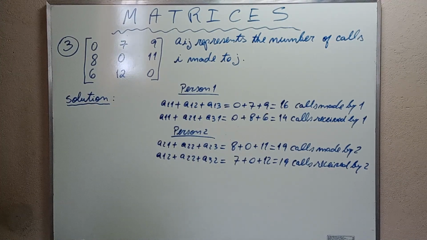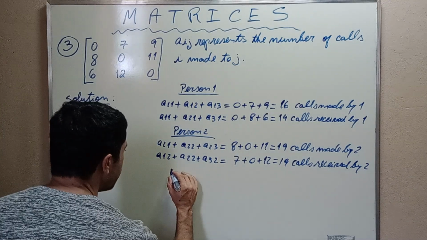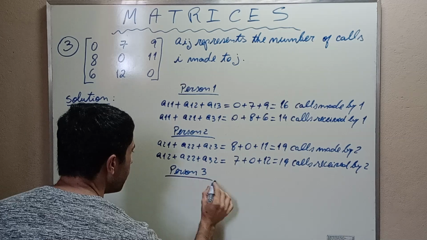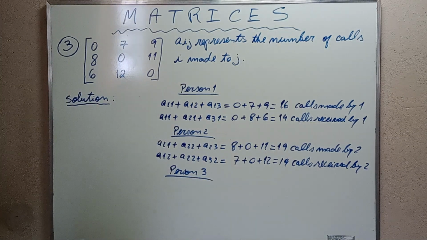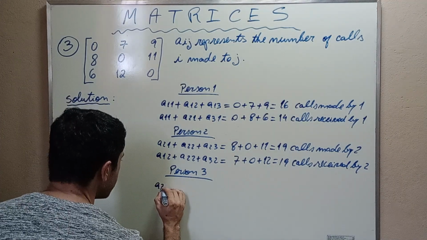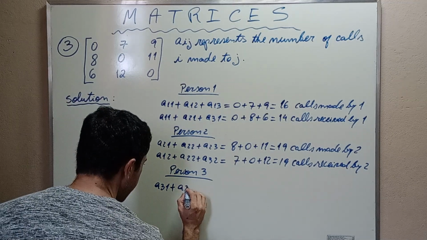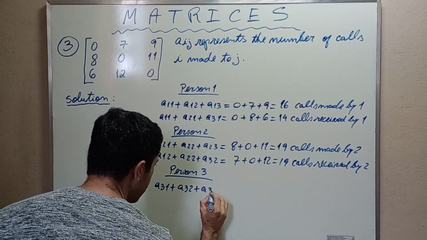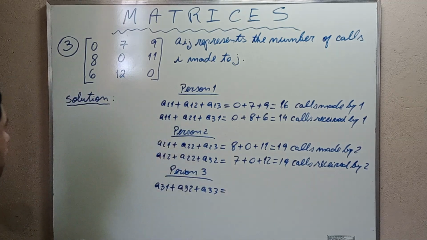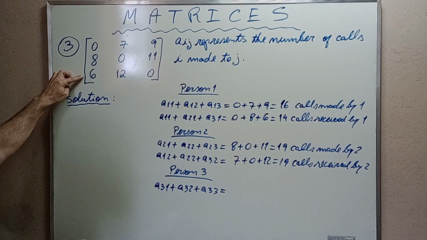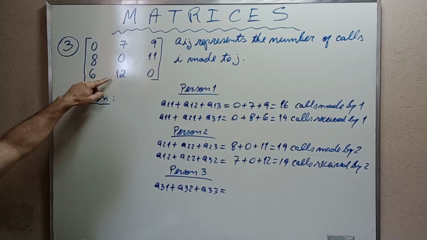And lastly, for person 3, A31 plus A32 plus A33. A31 is the number of phone calls made by 3 to person 1.